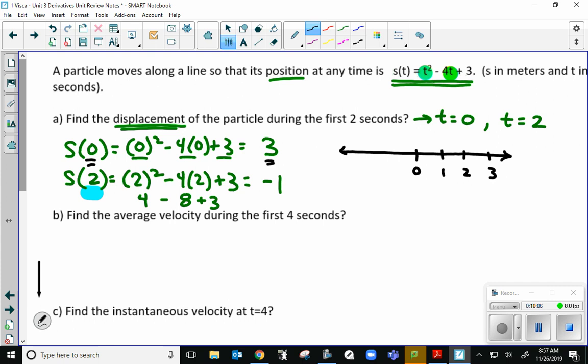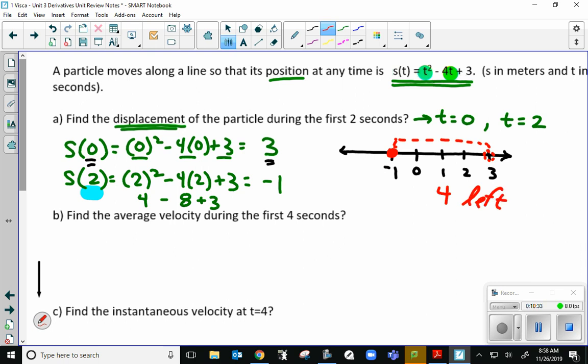And we go to negative 1, so I'm going to put that here. I started here, right? And my particle over 2 seconds ended up over here. What's its displacement? How far did it move from here to here? Well, that's 4 spaces. It moves four spaces to the left.